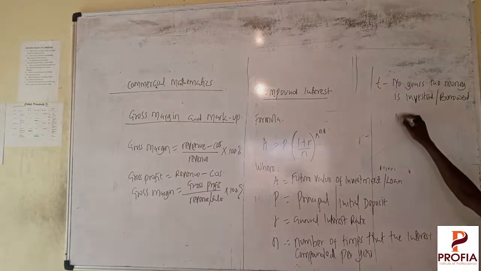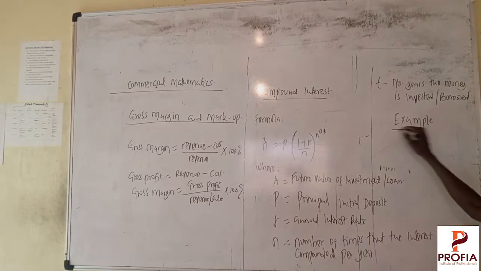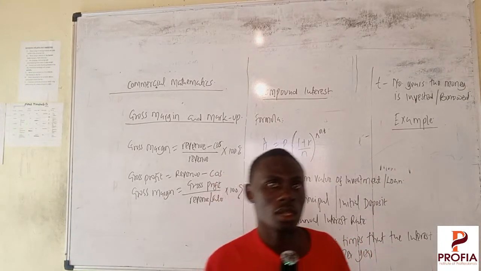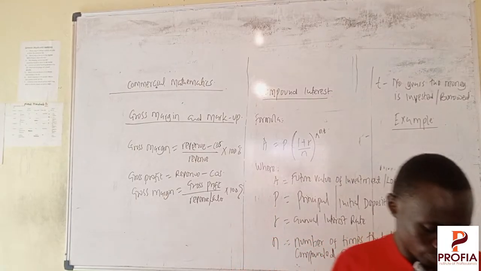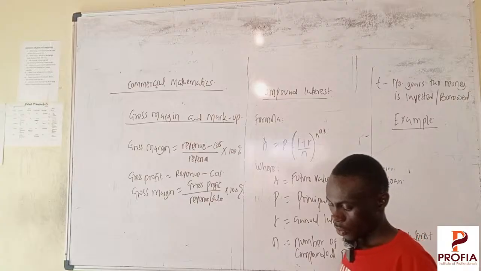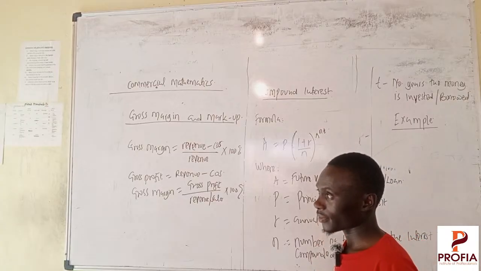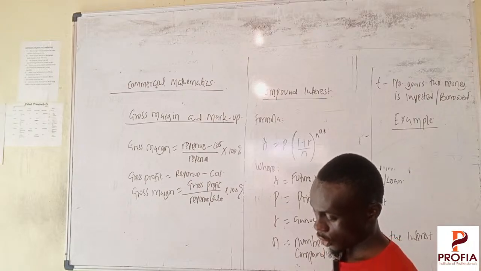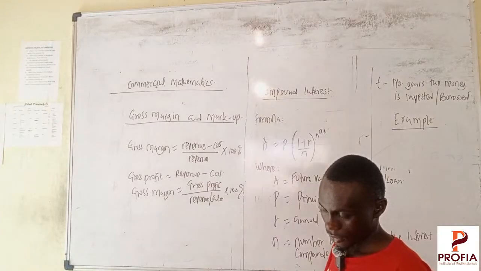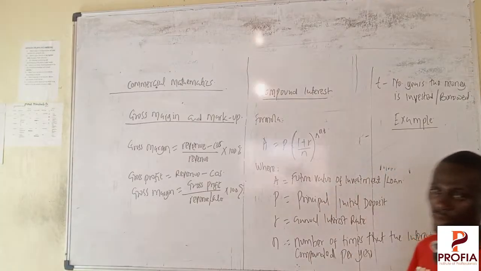Example: 5,000 shillings was deposited into a saving account at an annual interest rate of 5%, compounded monthly.